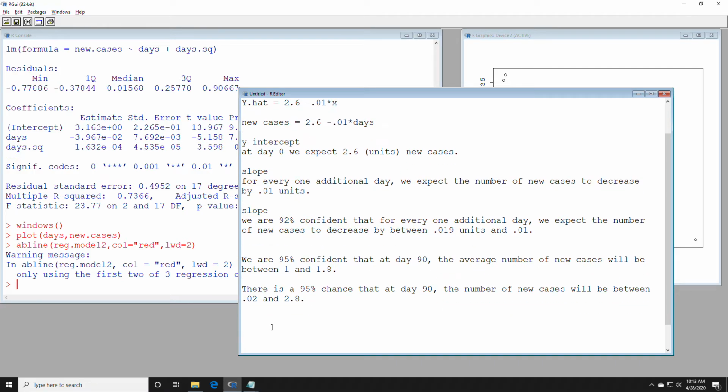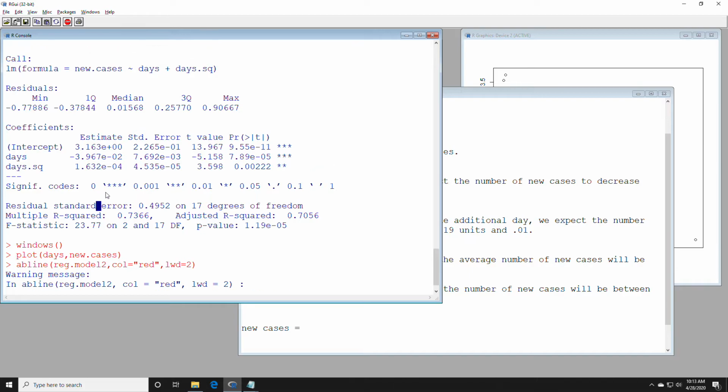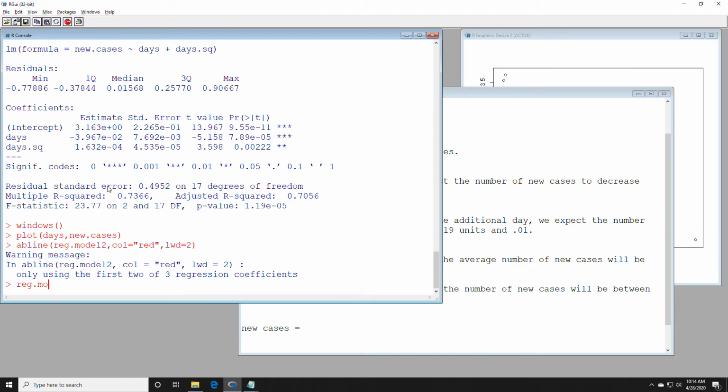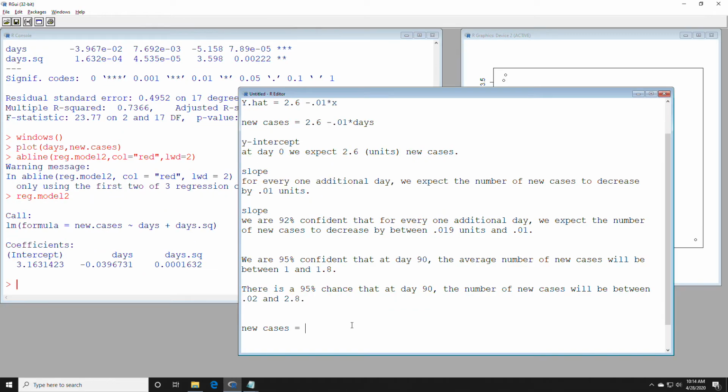Okay, so what our model looks like now is the number of new cases is equal to 3.16 minus 0.04 times days plus 0.0002 times days squared.